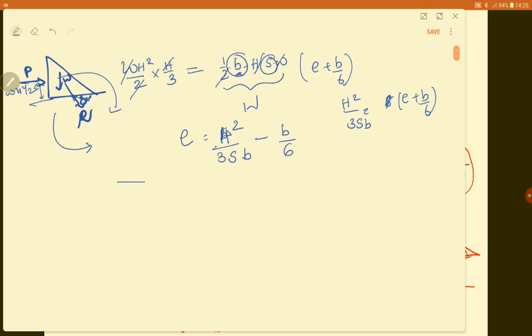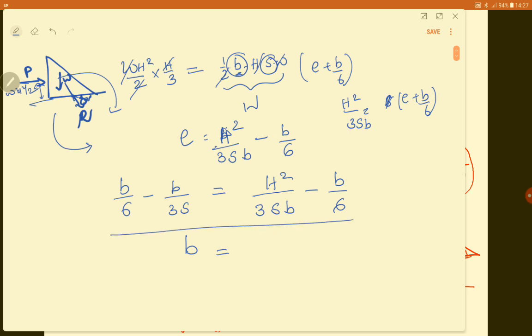So you can equate B by 6 minus B by 3S to h square by 3SB minus B by 6. Right? So B is equal to what? Solve this equation. You will get B is equal to h by root of S minus 1.